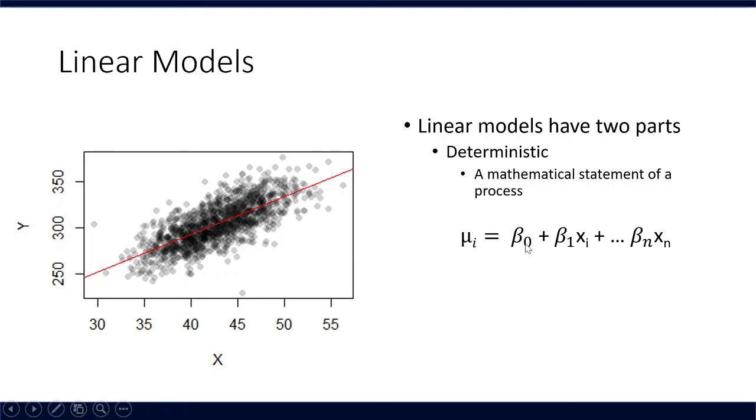Beta naught is simply mu at a value of 0 for the predictor. But beta 1, what we do is multiply that times our value of x and add it to the intercept.